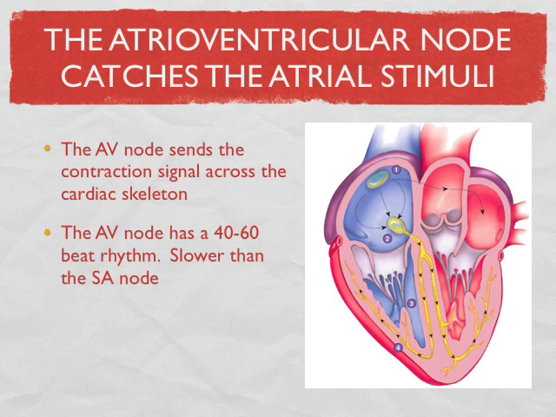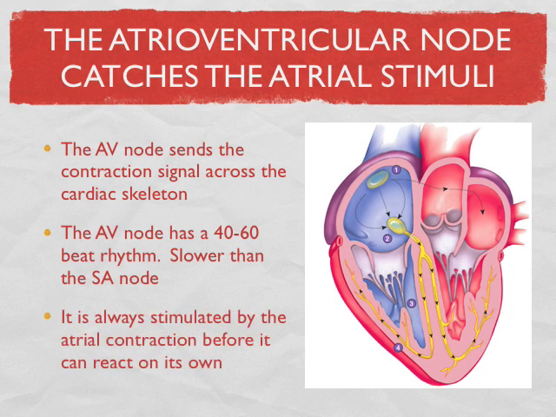So the sinoatrial node, in a sense, is always overriding the natural rhythm or the natural signal from the atrioventricular node. If the sinoatrial node were to fail, the atrioventricular node could send a pulsing signal down into the ventricles all on its own, but it would be slower than it would be from the sinoatrial node.